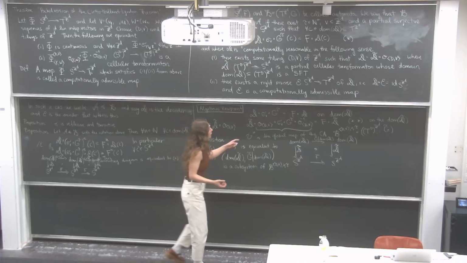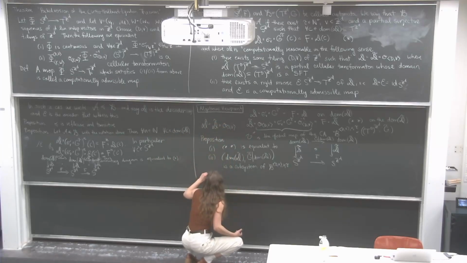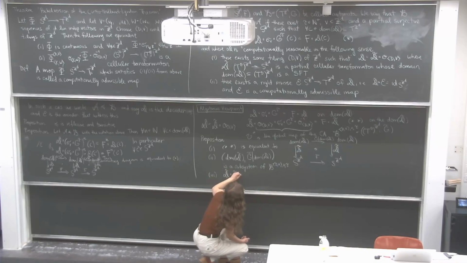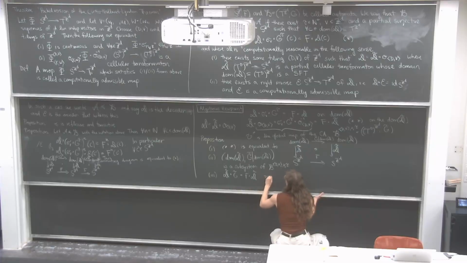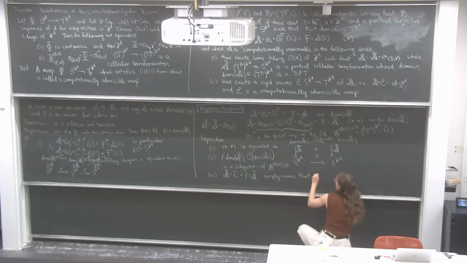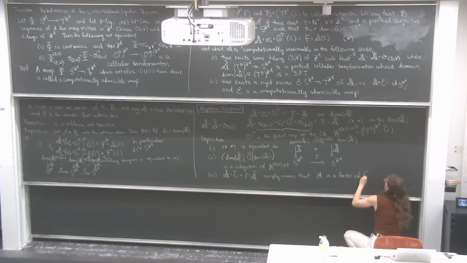And second, if we now look at the condition in this form, it simply means that our cellular automaton A is a factor of this intermediate system.